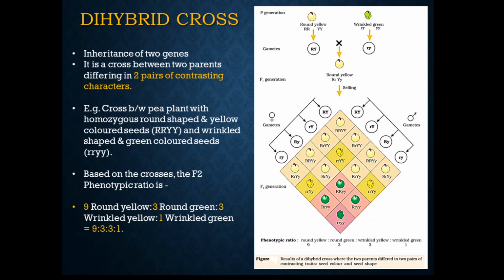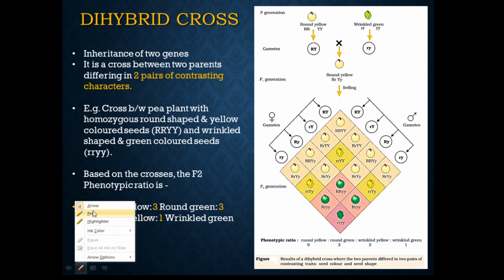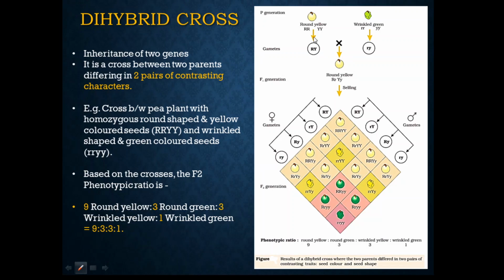On crossing these two plants, first we are going to analyze the genotypes. For round it is capital R, and for yellow it is capital Y. Since wrinkled is recessive, it is small r, and green is recessive to yellow, so it is small y.